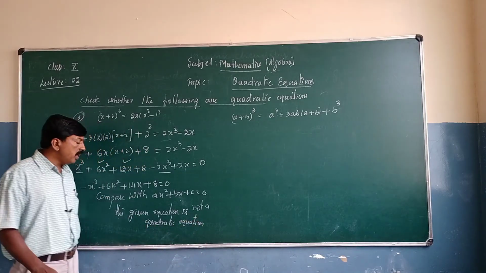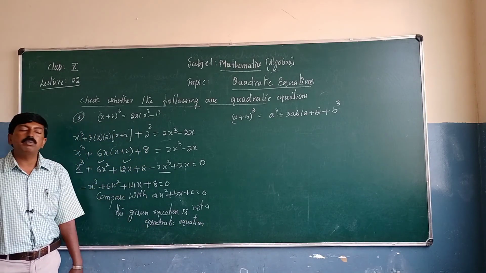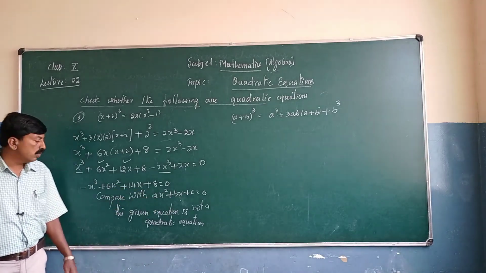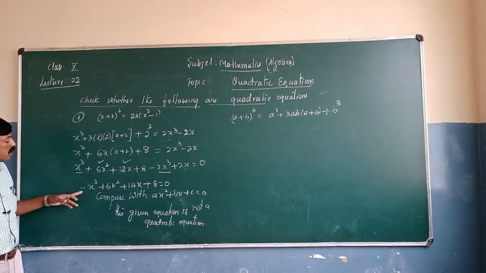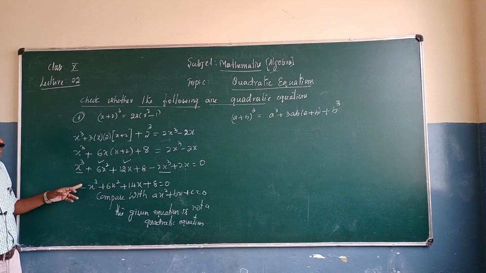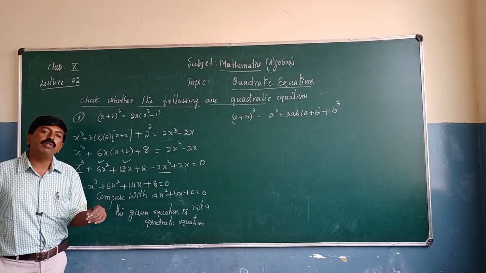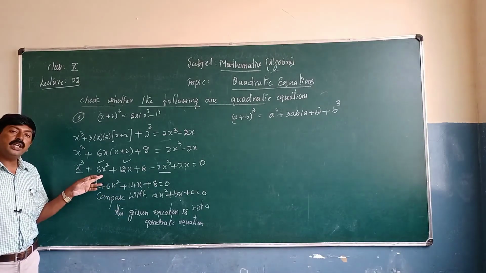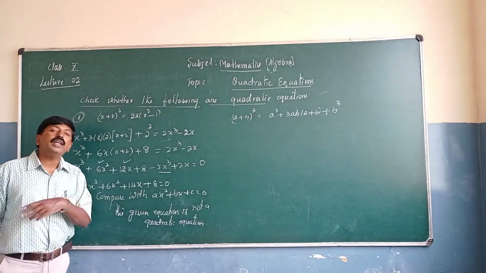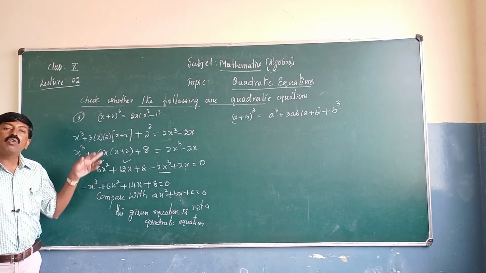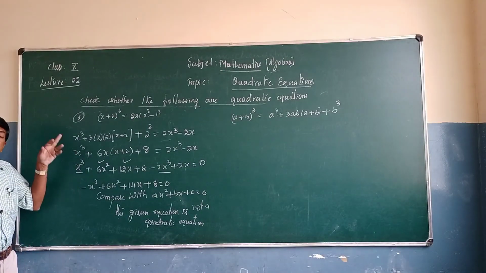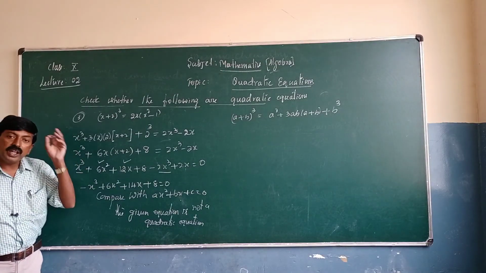Because it is not in the form of ax square plus bx plus c is equal to 0. Here we got highest degree x cube. Therefore, it is not in the standard form. It is in highest degree 3. It is a cubic equation because its highest degree is 3.